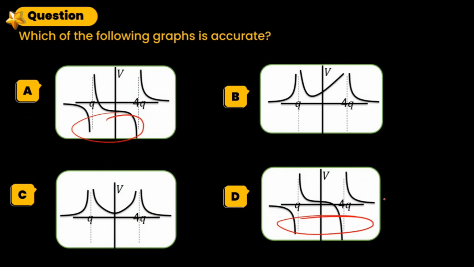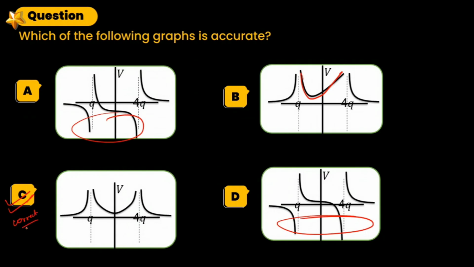So A and D are not going to be the answer, that's for sure. Now, B and A are kind of the same, but the most different thing here is this. This is not going to happen. So C is going to be the correct one.